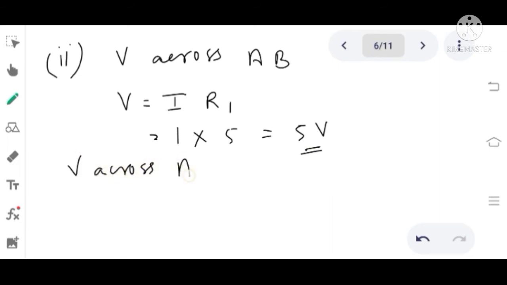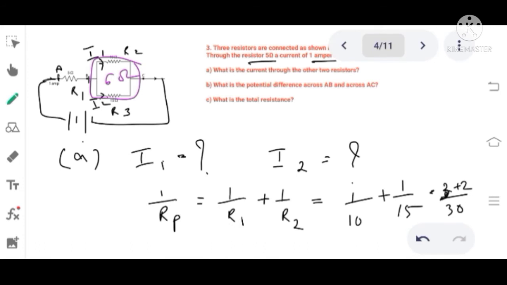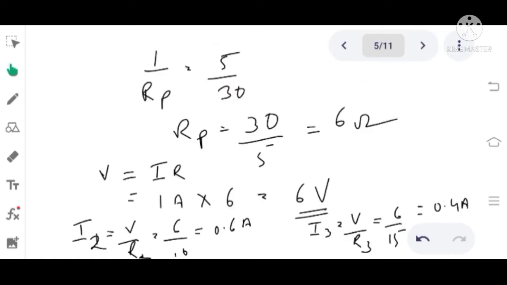Now V across AC we need to find. So across AC we have these 3 resistors. And out of the 3 resistors, there is one parallel combination which acts as a 6 ohm resistor, and there is one 5 ohm. So 5 ohm and 6 ohm are in series.